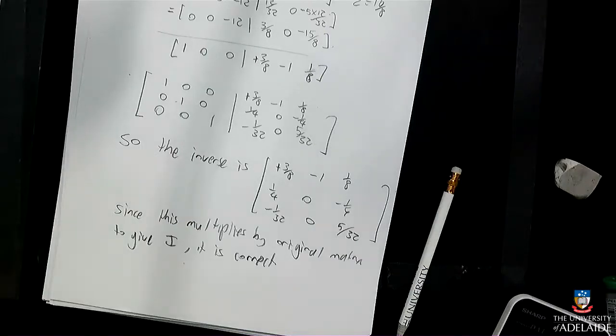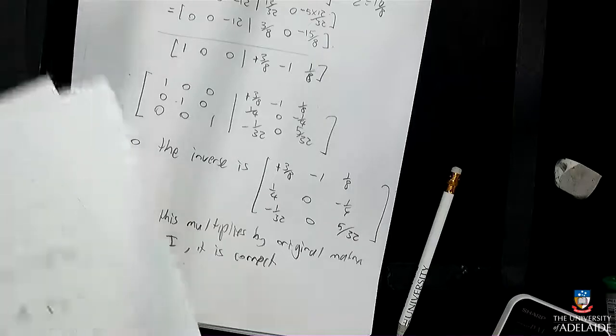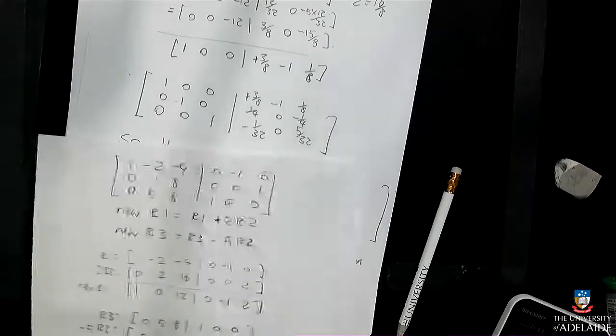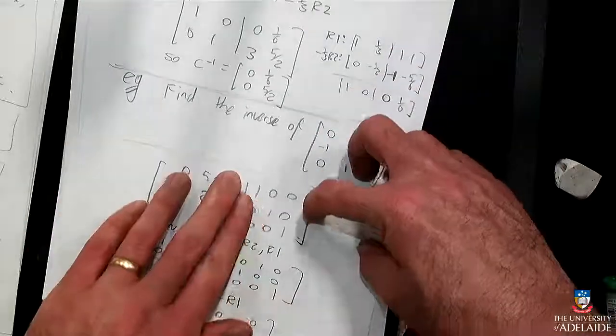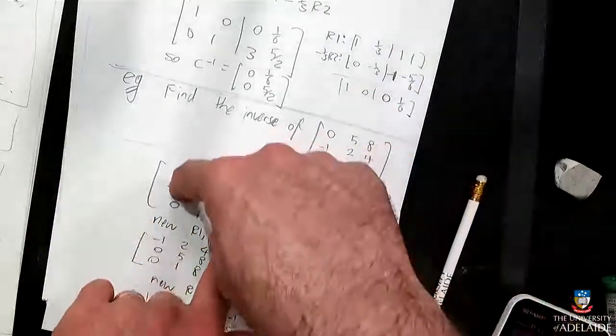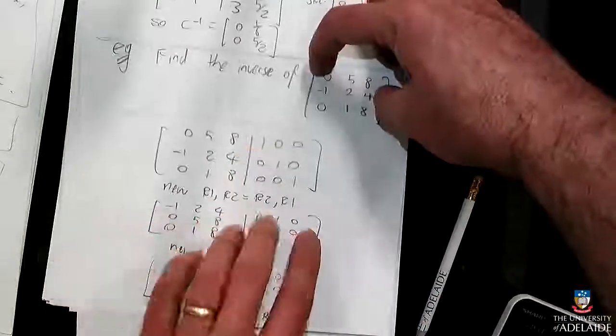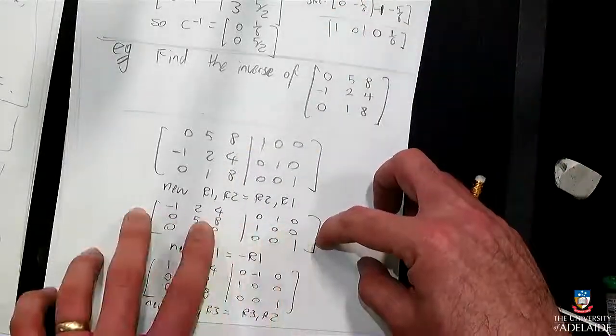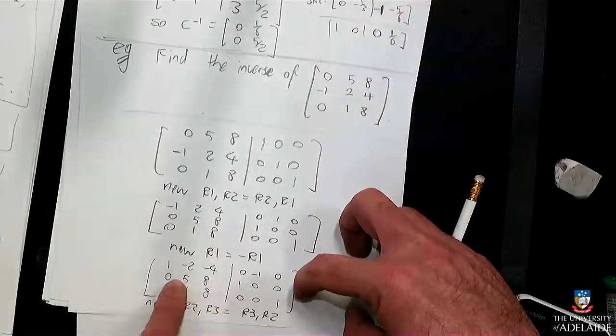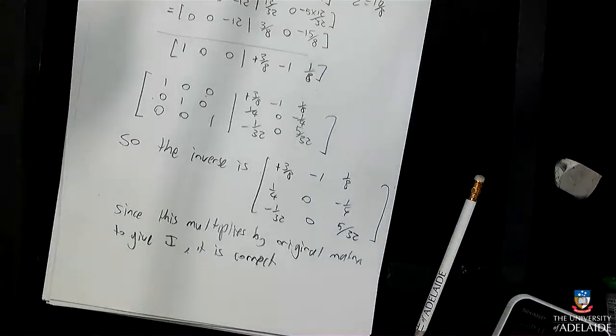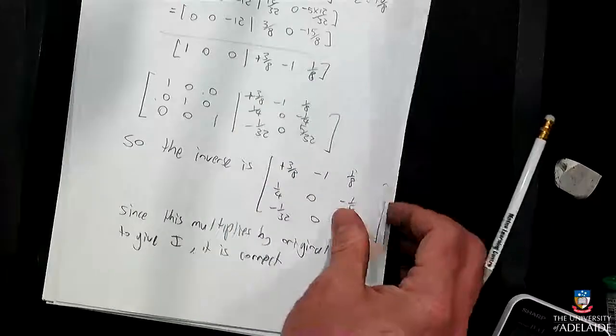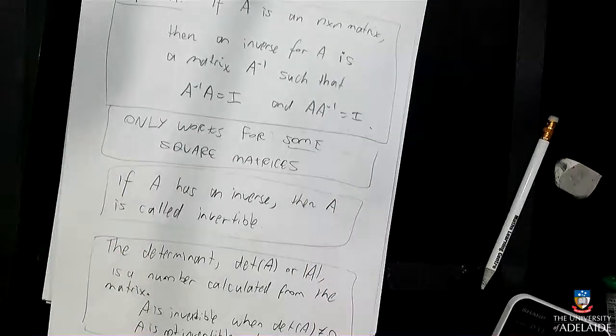And there was a strategy I used: at any stage of the process, if you multiply the original matrix here on this side, it will always produce the thing that's there. So if I put this here, it will produce that answer. If I put this here, it will produce that answer. And it works at every stage, and in particular it works at the final stage, and that is why it works the way it does. So that's how to find inverses, and thank you for listening.